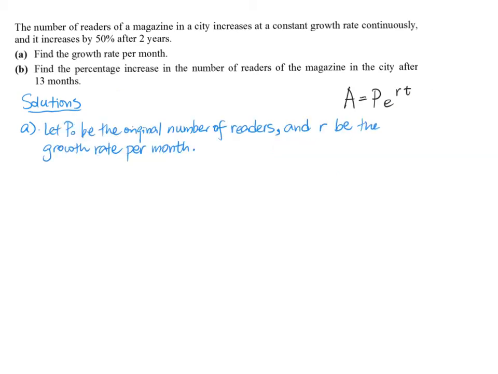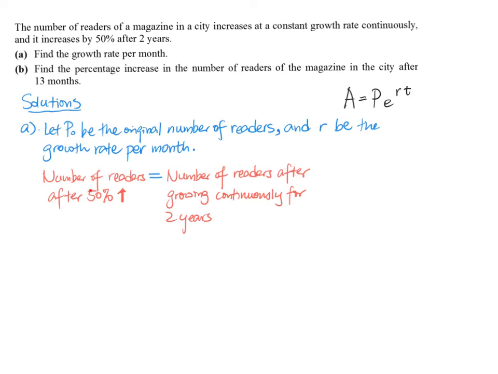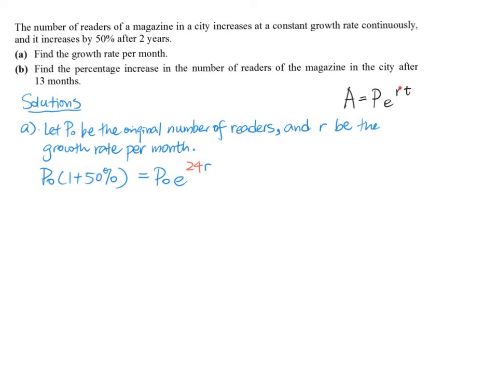Okay, so we start out, suppose P0 is the original number of readers and R is the growth rate per month that we wanted. So one thing that we know is that the number of readers after the 50% increase is the same as if we calculated using the continuous growth. So this side would be P0 times 1.5, and on this side we're using our formula here.